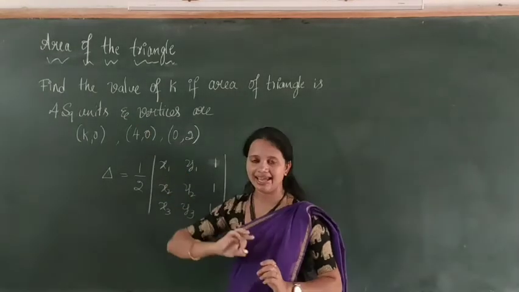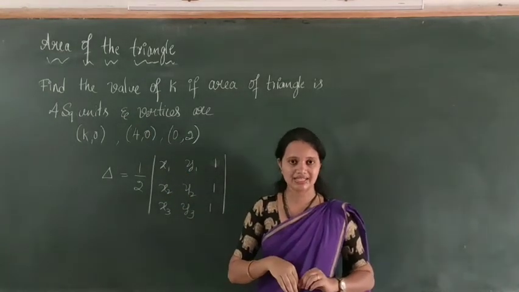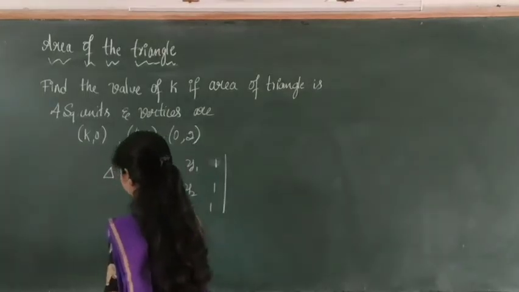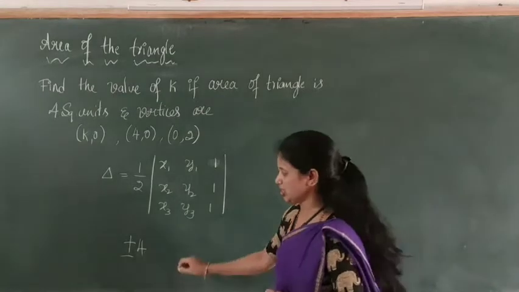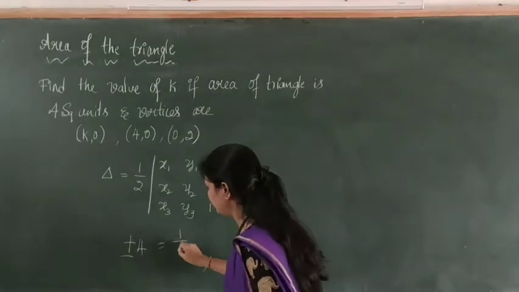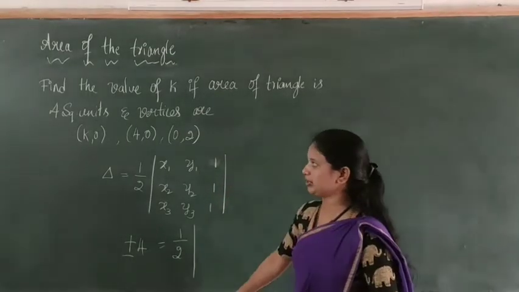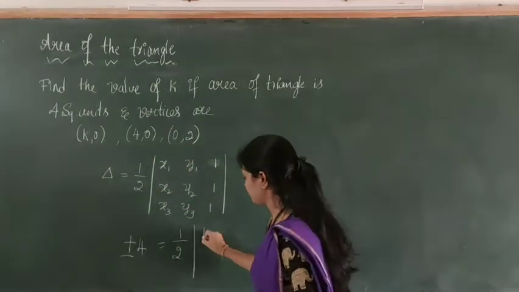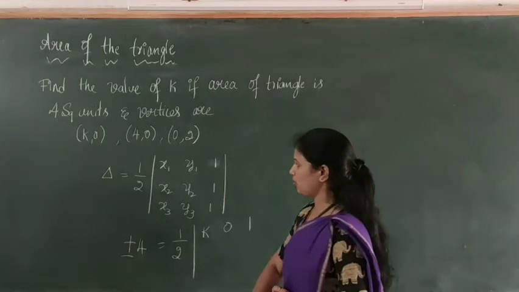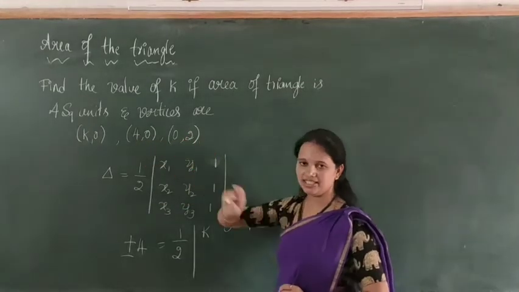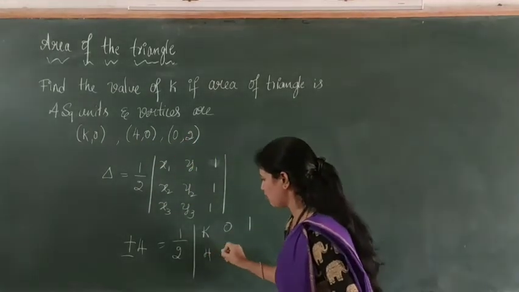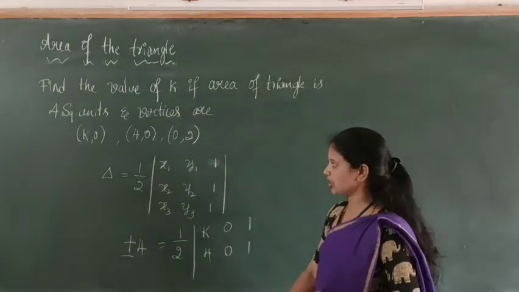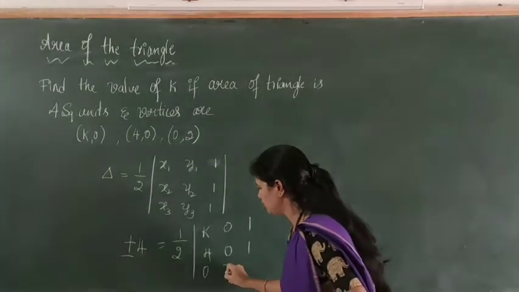So the area of the triangle, plus or minus 4, is equal to half into the determinant of x1, y1 which is k, 0, 1; x2, y2 which is 4, 0, 1; x3, y3 which is 0, 2, 1.